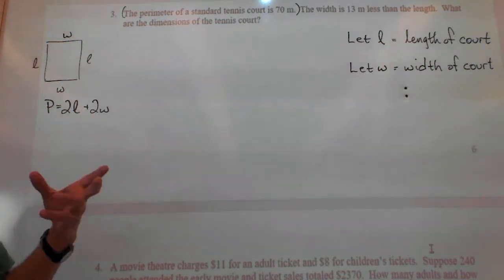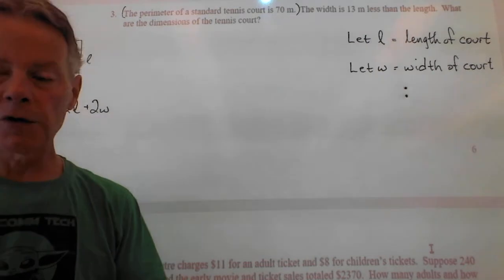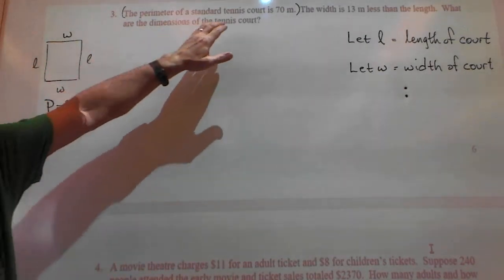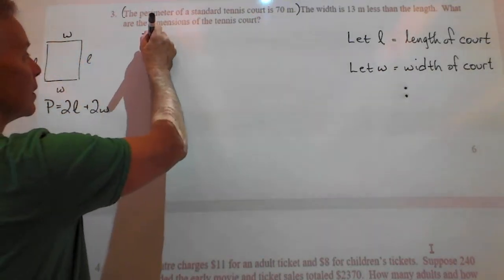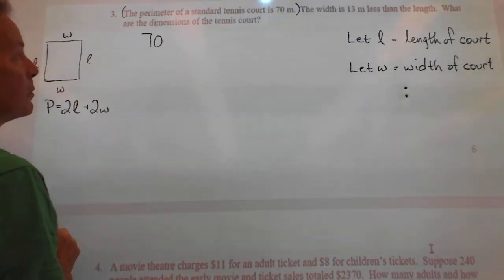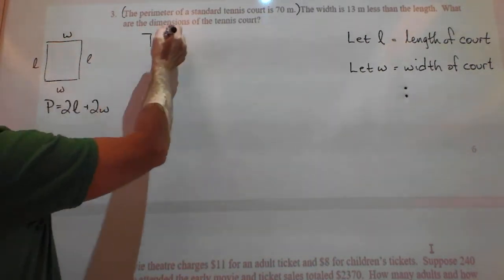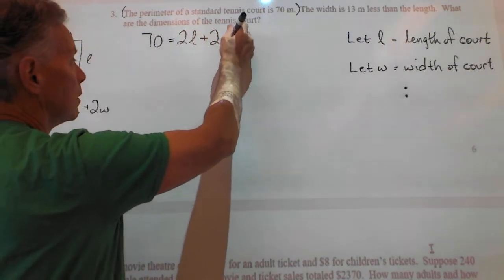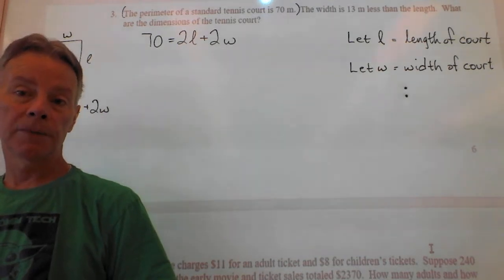This gives you the structure or the framework for your first equation. Since we're talking about the perimeter and we're saying the perimeter is 70 meters, our first equation becomes 70 meters, the perimeter, equals 2L plus 2W. Hey, look at that. We already have our first equation. Okay?